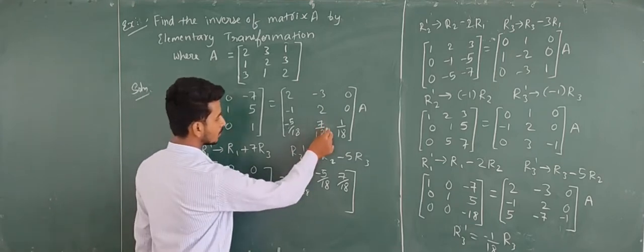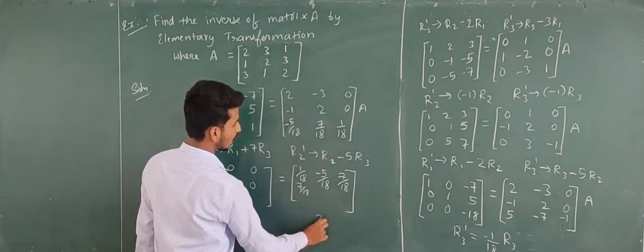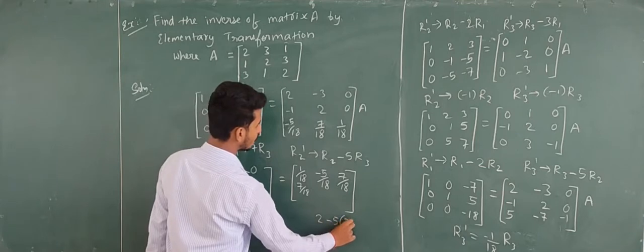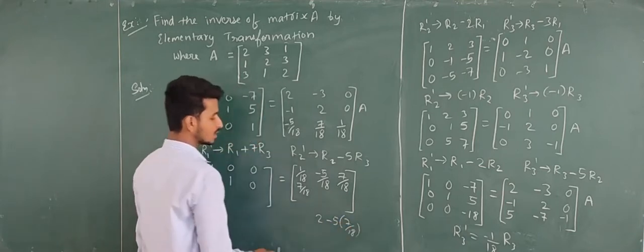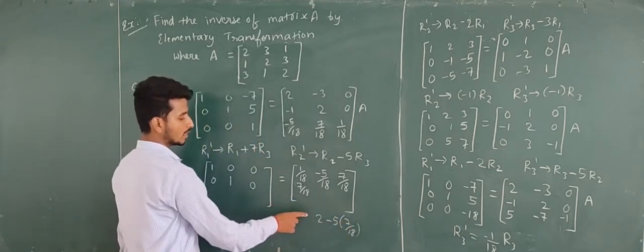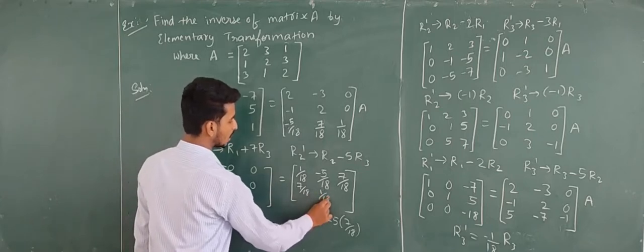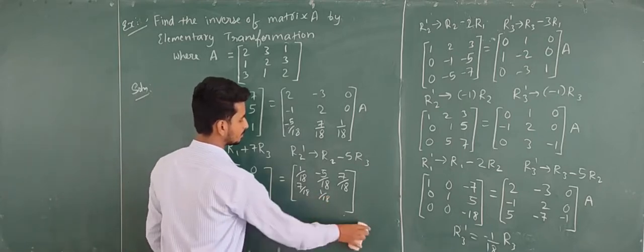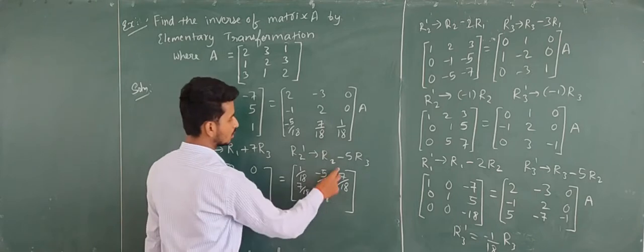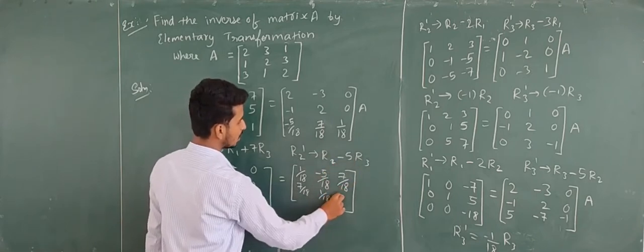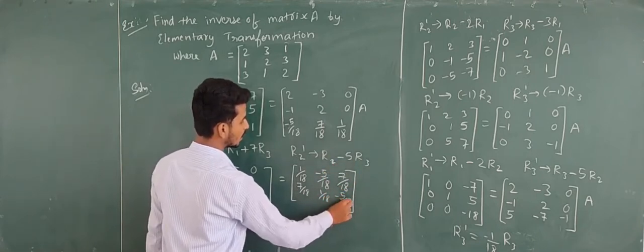So next, this is 2 times minus 5 into 7 by 18. So this is 35. 36 minus 35, that is 1 by 18. So next, 0 minus 5 by 18 is minus 5 by 18.